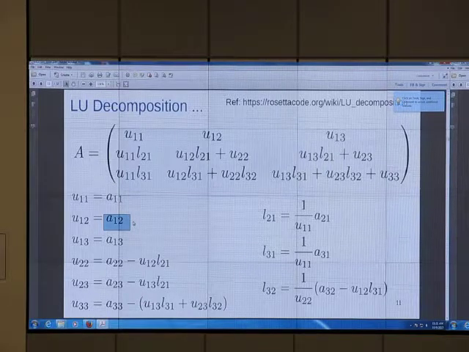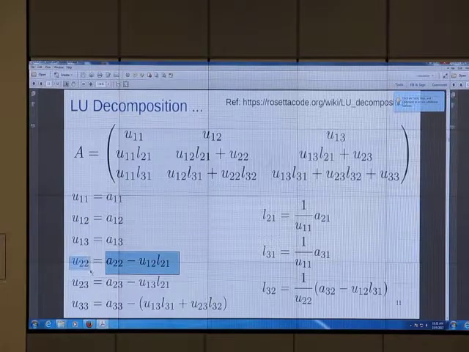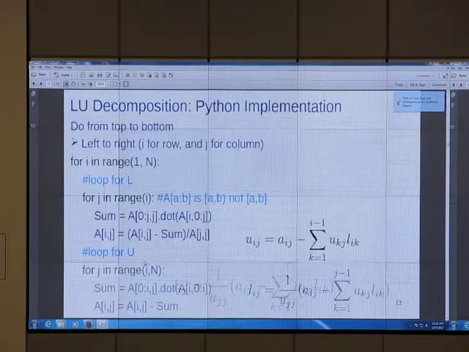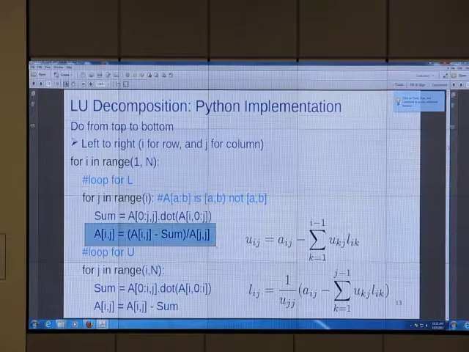Okay? We never use it twice. Because we never use it twice, we can replace it with a new value. So we use A22 one time, and we replace it with U22. Okay? We never use it twice. That's why writing it like this is okay.